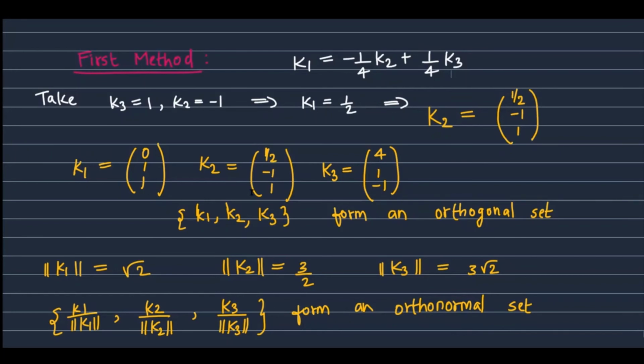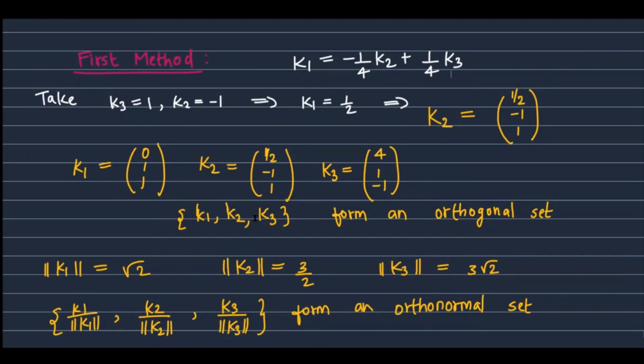K1 and K2 are eigenvectors corresponding to the repeated eigenvalue minus 9, but if we give arbitrary values, they need not be orthogonal. So we have to choose the values to solve this equation in such a way that the vectors become orthogonal. Now we can see that K1 dot K2 is 0, K2 dot K3 is 0, and K1 dot K3 is 0.